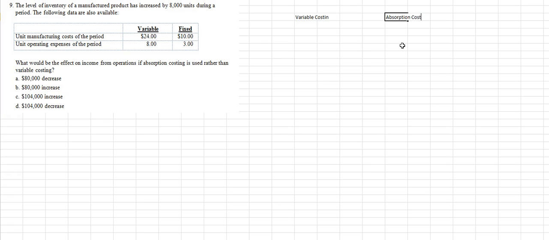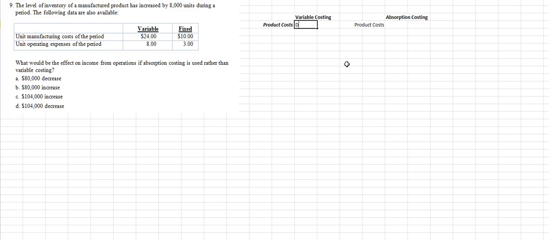Okay? What do we include in product costs here? What do we include in variable cost?